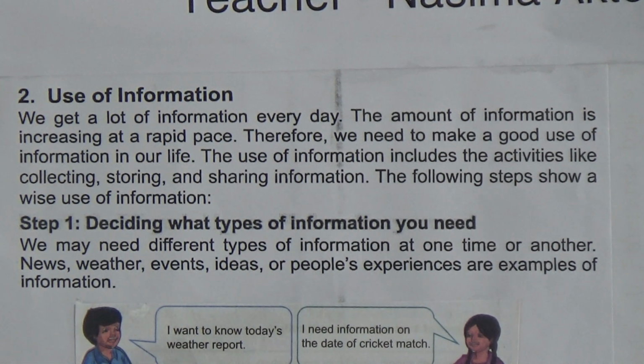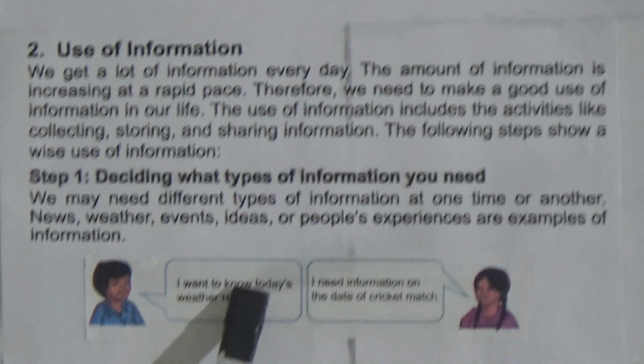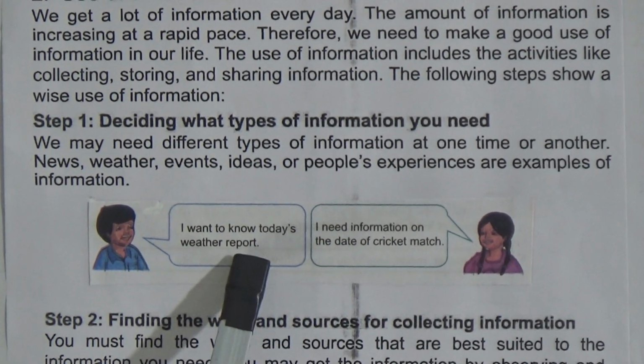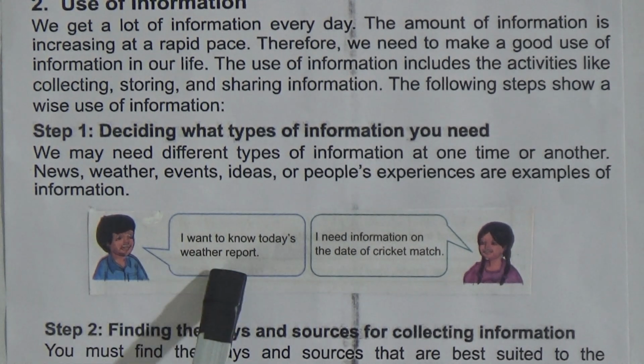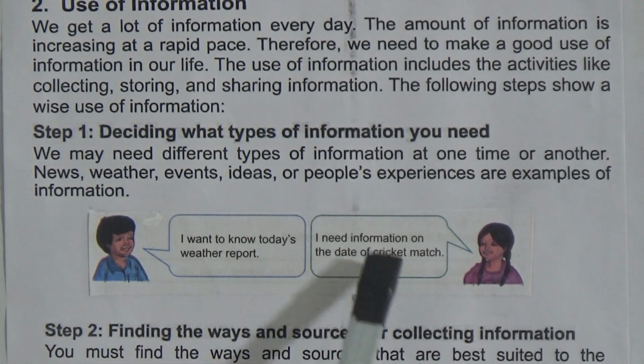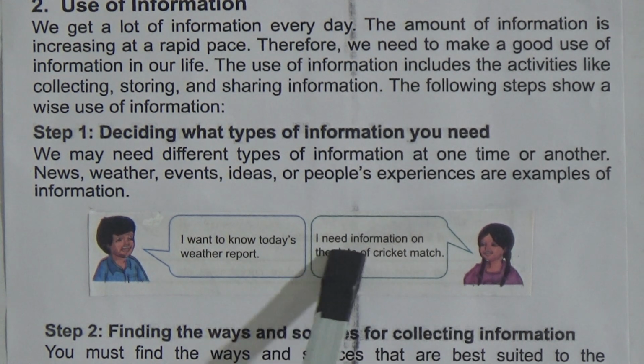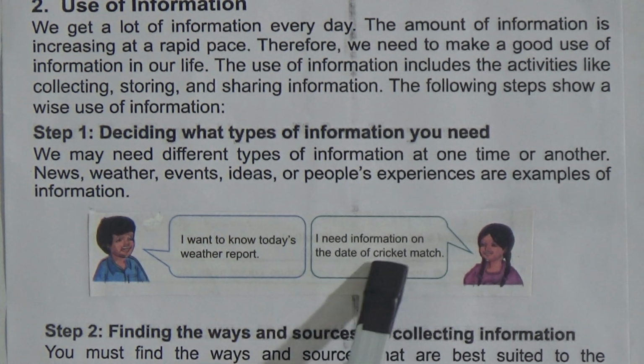Look at this picture. He is telling something. He is telling that I want to know today's weather report. That means he needs some information about weather. And she is telling I need information on the date of the cricket match.